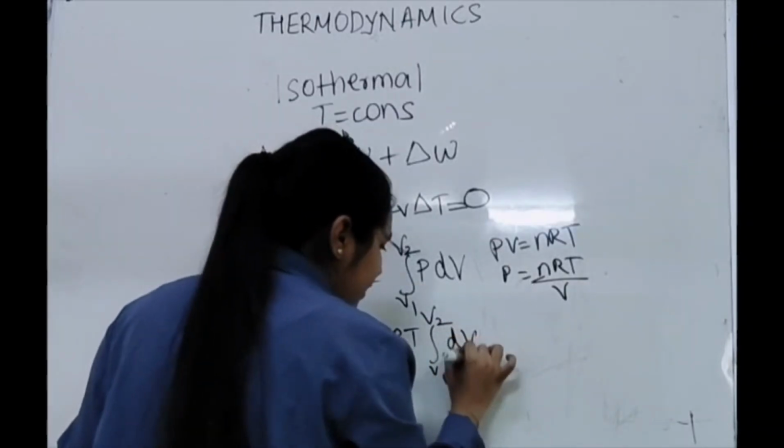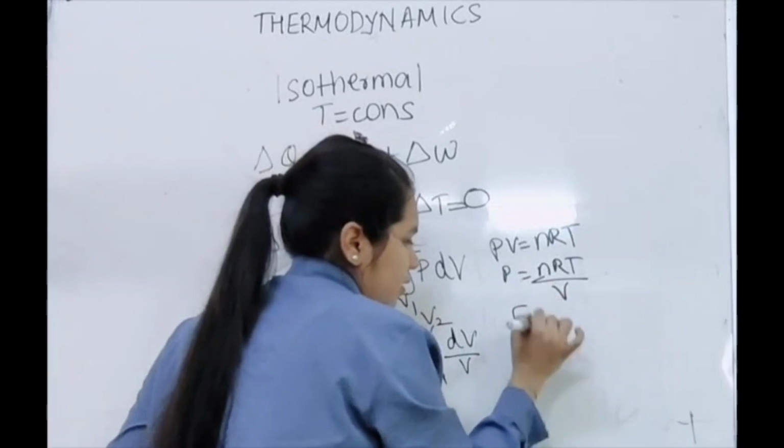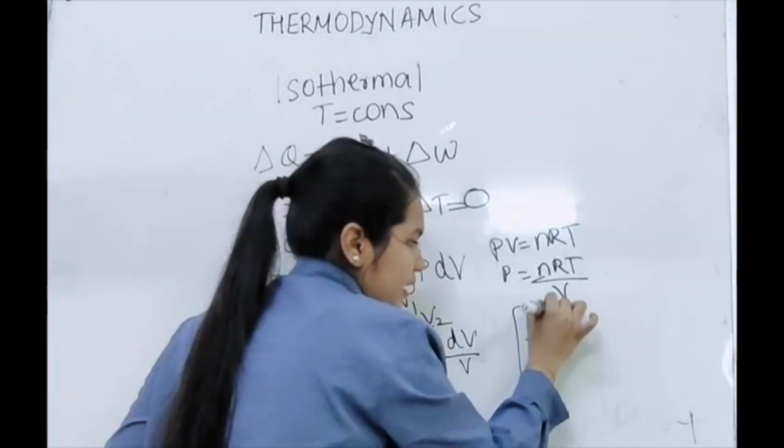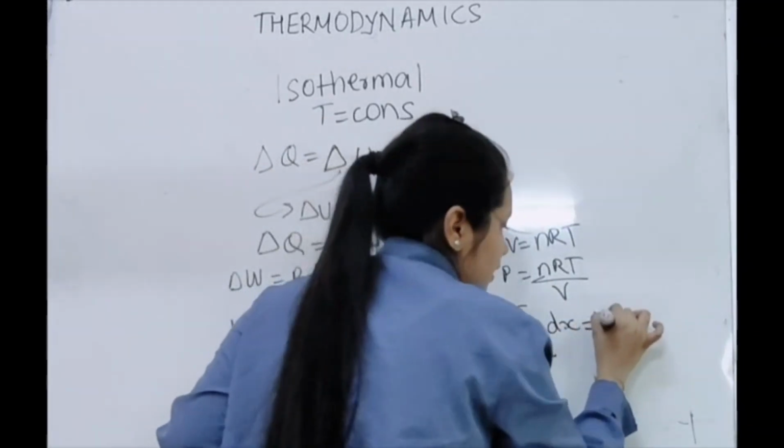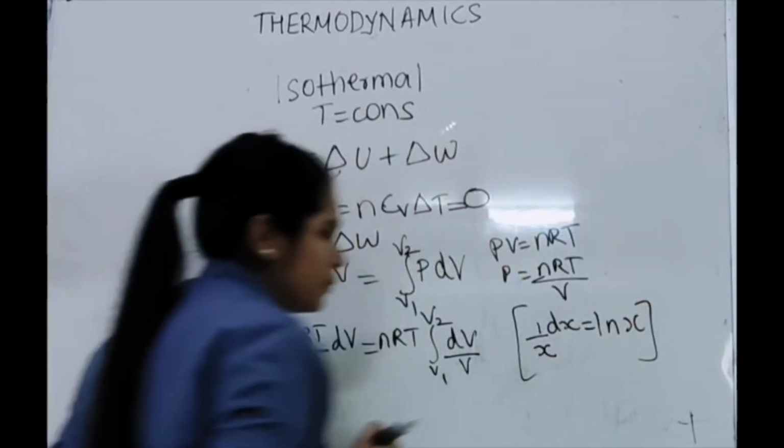The integral of dV by V. We know one formula, integral of 1 by x dx equals ln x.